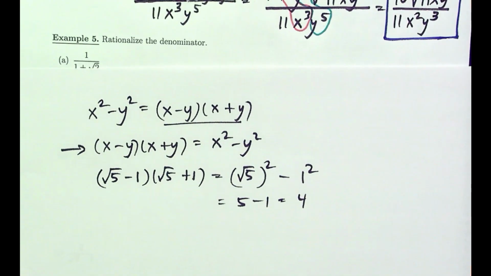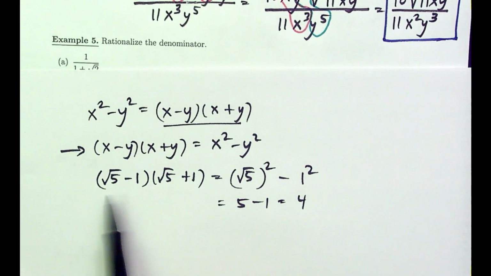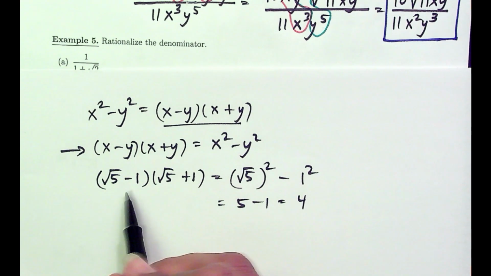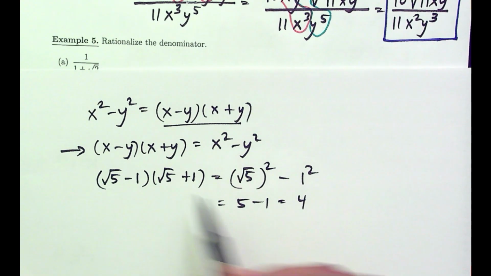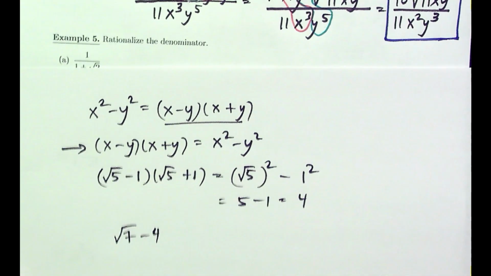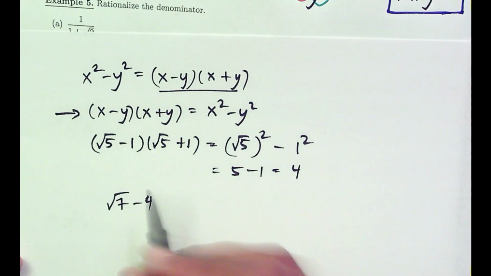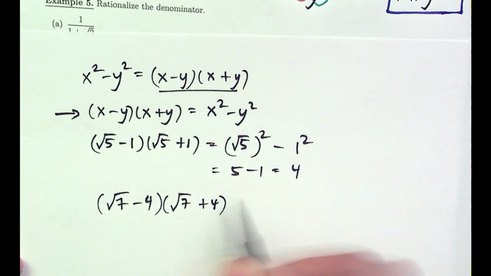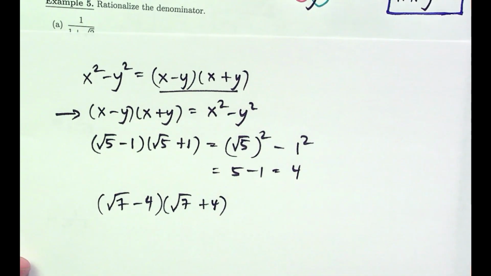Okay, so whenever you have two terms that are being added or subtracted, as if they're square roots, you can get rid of the square roots by multiplying by the same thing with the sign in the middle changed. So if I had, let's say, square root of 7 minus 4, for example, if I multiply this by the square root of 7 plus 4, this is the so-called conjugate.